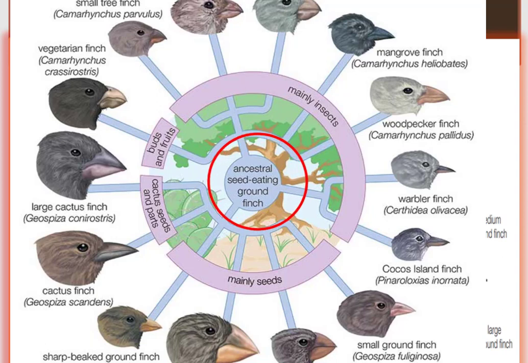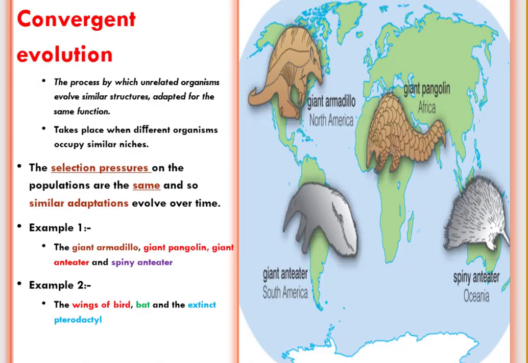based on the type of food source available on each island. For example, the birds that feed on seeds and nuts evolved large crushing beaks, while cactus eaters developed long beaks and finer beaks evolved in birds that feed by picking insects out of trees. Convergent evolution is the process in which unrelated organisms evolve similar structures that are adapted for the same function.